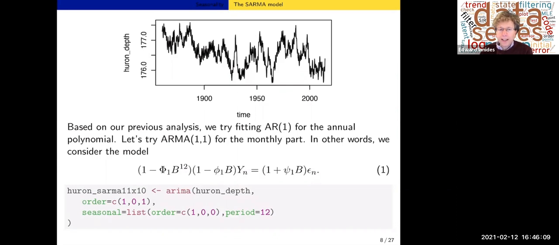To add the seasonality, we add a seasonal component to the ARIMA model, which has both an order and a period. So the period here is 12 because it's monthly, and the order is 100 because we're doing an AR1 for the annual part.